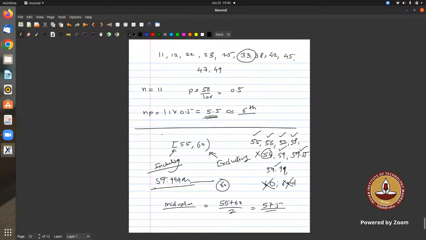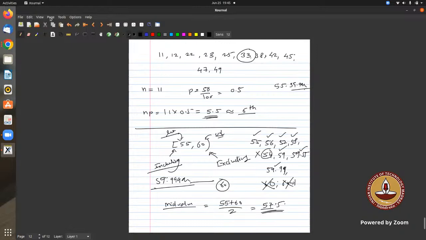Even so, if you go to 59.9999, it can become something like 57.49, but we can assume it to be 57.5 for calculation purposes, approximating to the nearest value. So when you find the middle value of the class, it is equal to the lower limit of the class plus the upper limit of the class by 2, right? Okay, sir.